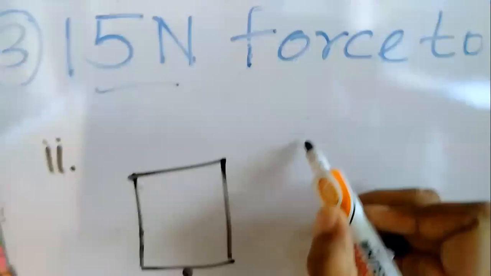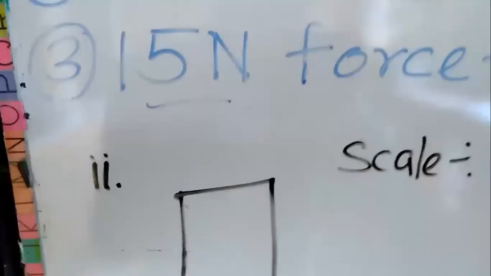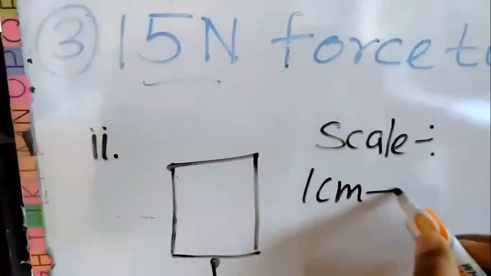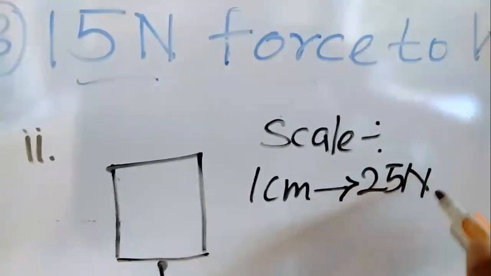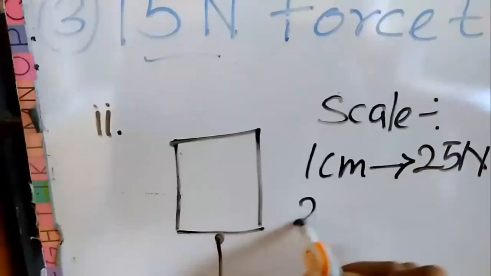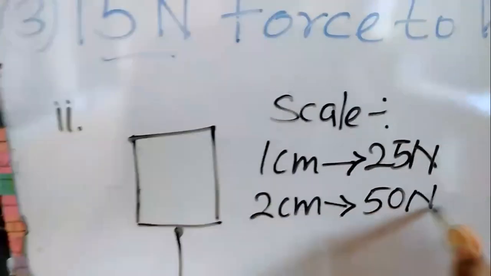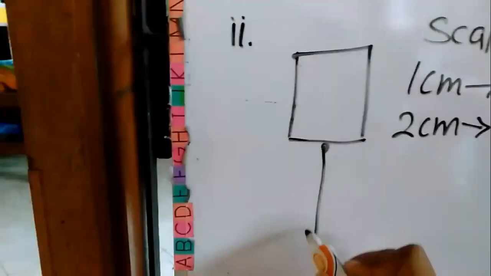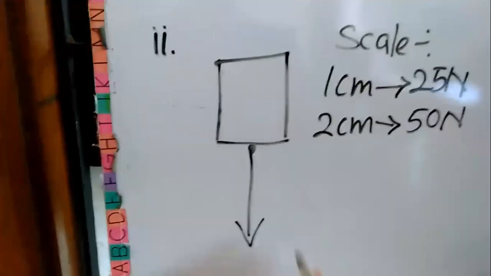In here I'm writing scale, 1 centimeter represent 25 Newton. Then 2 centimeter can represent 50 Newton. So you should draw 2 centimeter line here and arrowhead to represent the direction. We have to write 50 Newton.